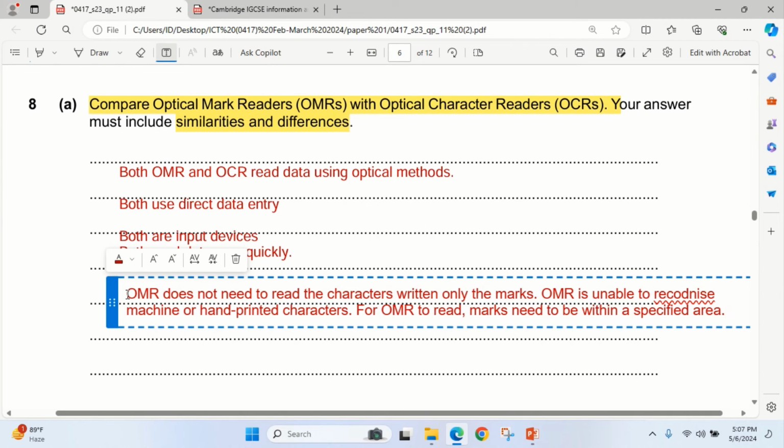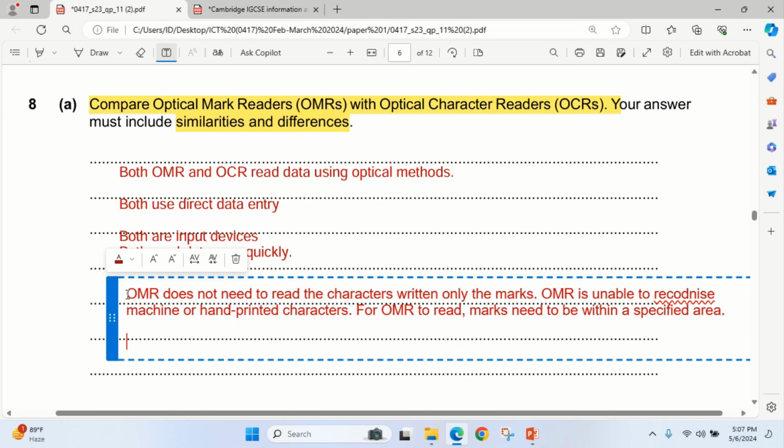So that is very important. Now for OCR, say that OCR is more accurate. Notice the word more, because you are comparing it. It's more accurate at reading detailed data.